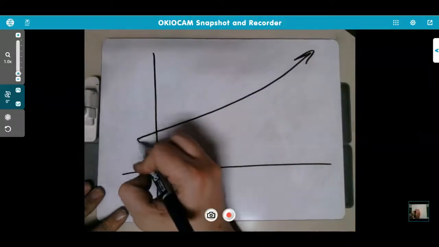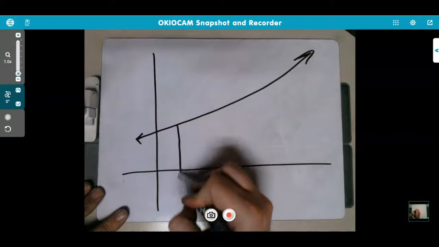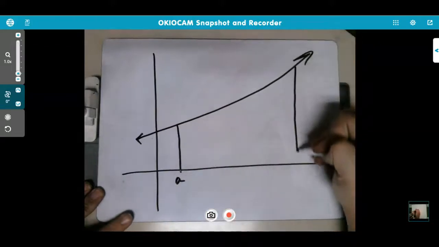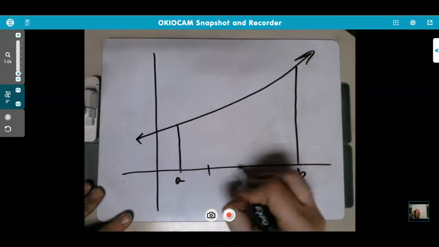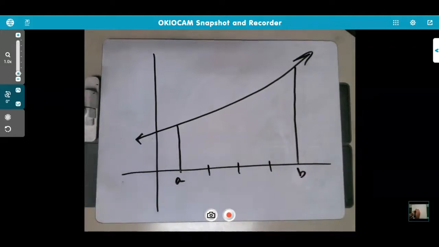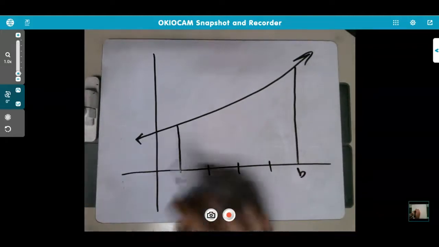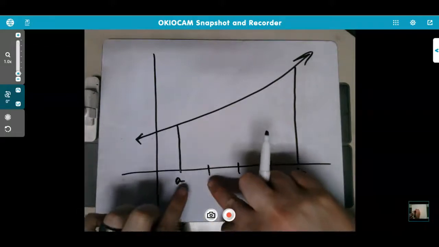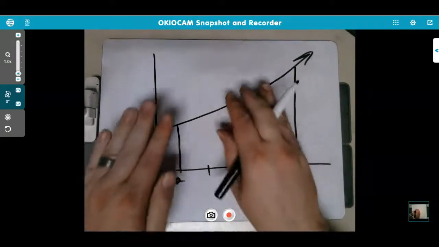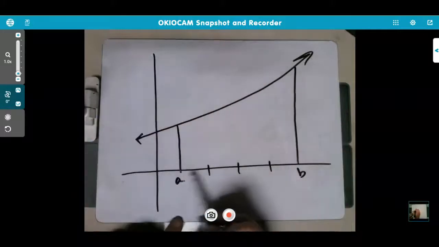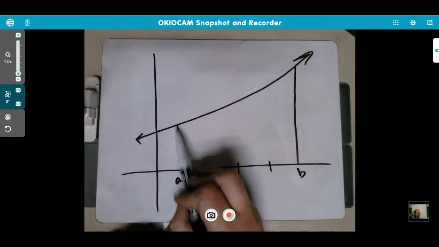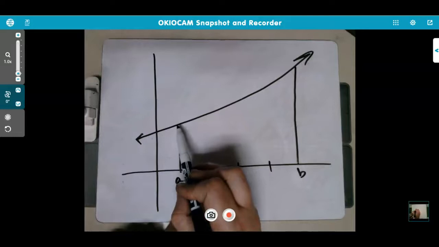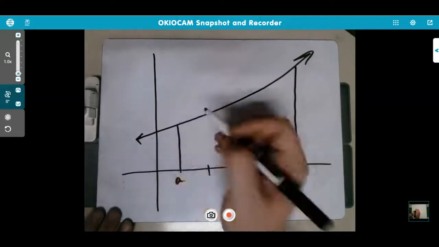Let's do this. And let's say I want to go from A to B here, and I want to split it up. Let's do that. Okay. So I'm going to start with my left point. So for this first chunk, ignore everything else. For this first part right here, I'm going to use the leftmost point, which is going to be A. So I'm going to find that.